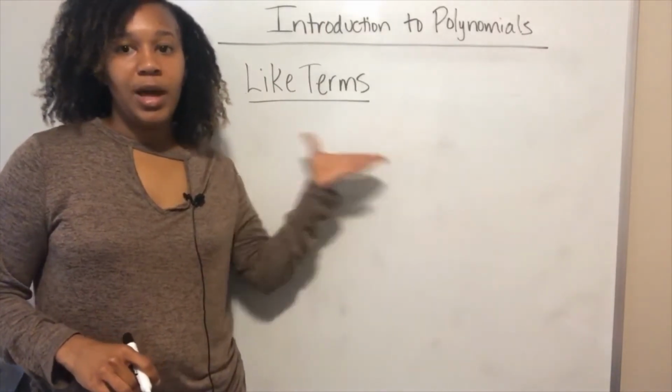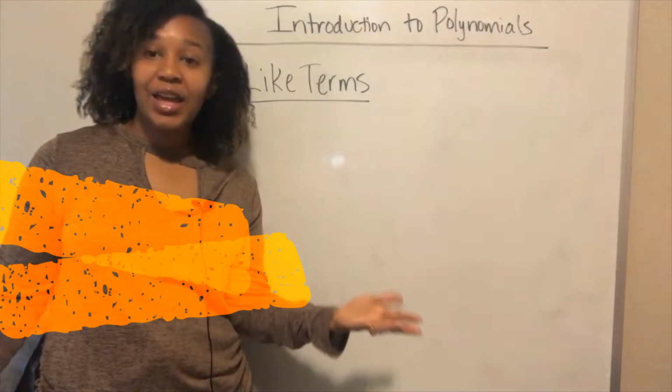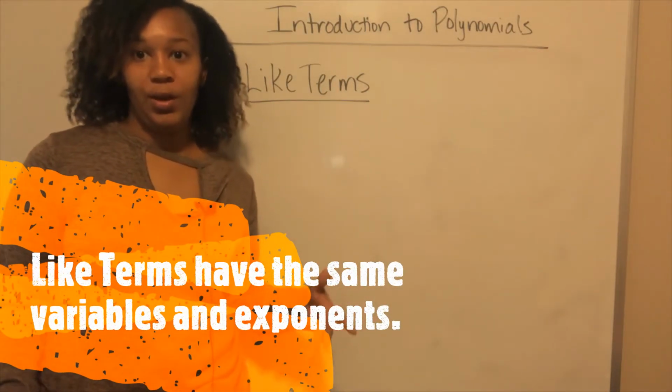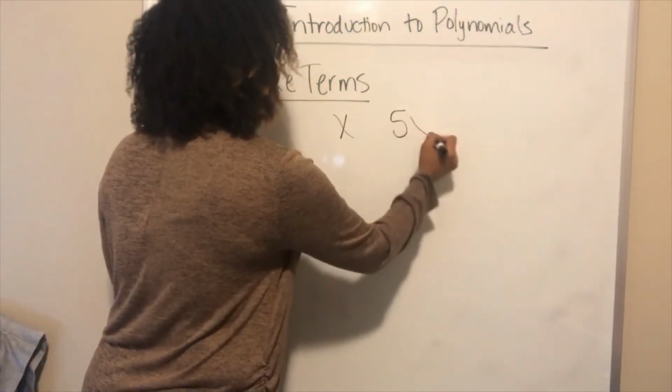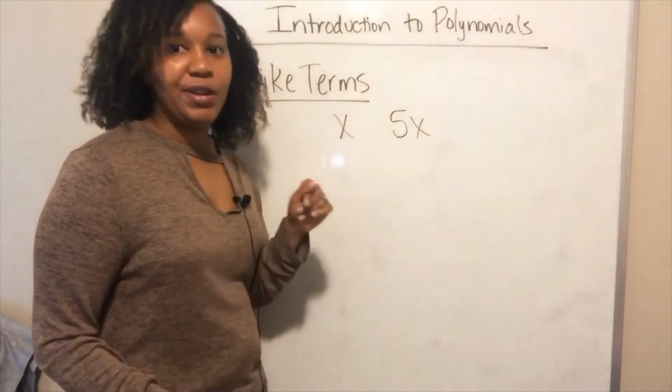So now we want to talk about like terms. What are like terms? Terms are considered alike when they have the same variable and the same exponent. For example, x and 5x. These have the same variable and the same exponent; the exponent of that variable is 1.